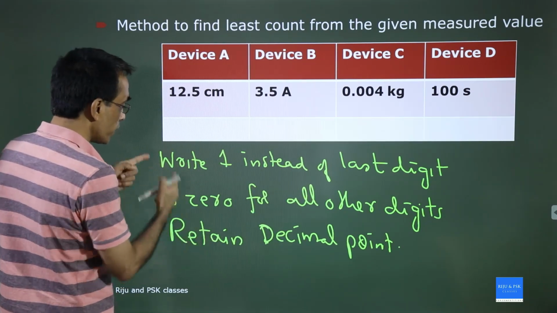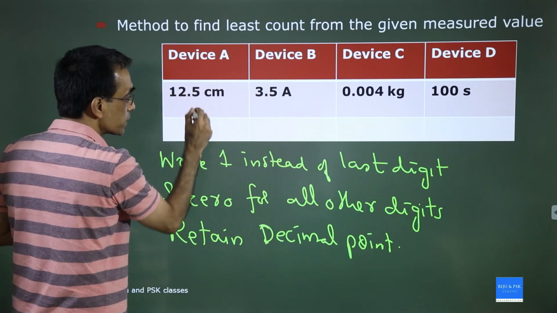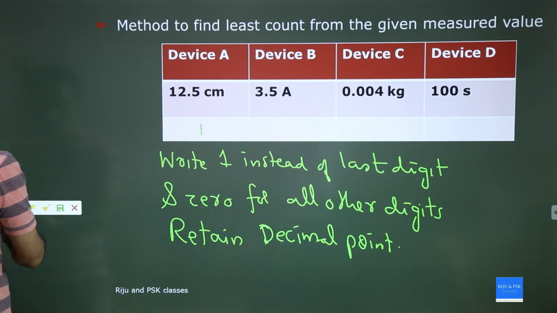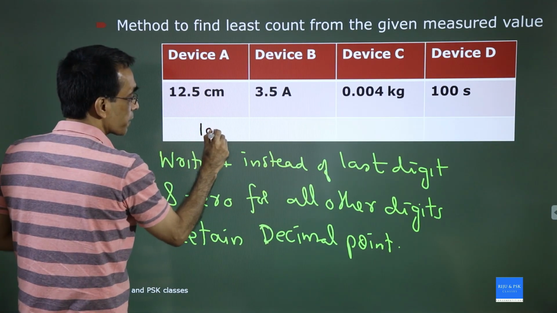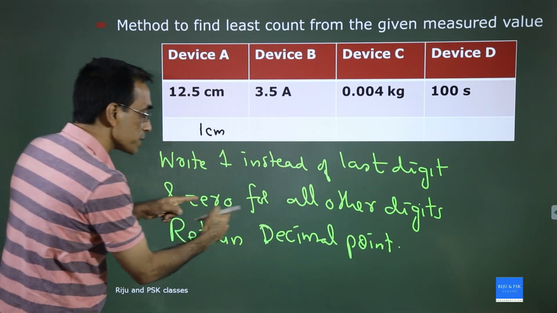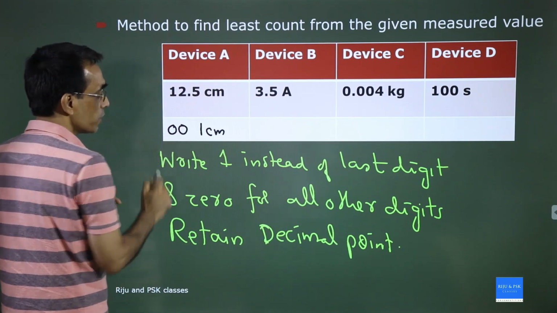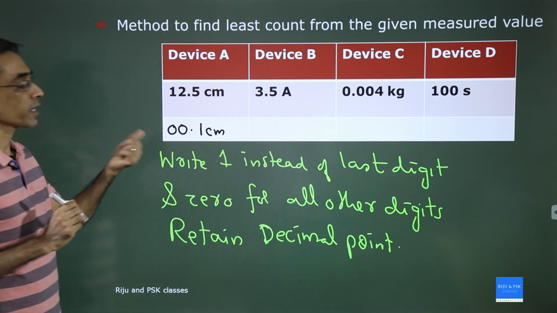Let me work it out. Write 1 instead of the last digit. The last digit is 5, so instead of that, write 1. Keep the unit there. Then write 0 for all other digits. So the first digit is 0, the second digit is 0. Retain the decimal point, place it there itself. Then this is the least count.